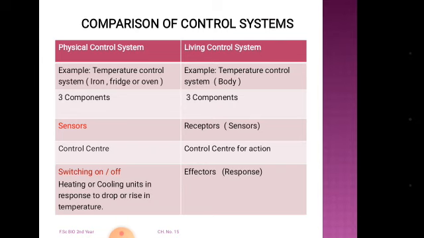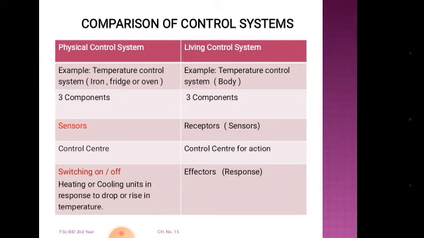That information is sent to the control center. That control center will check whether these changes are harmful or not, so that according to that procedure they maintain the internal system and send the messages to the effectors, where they show a proper response.